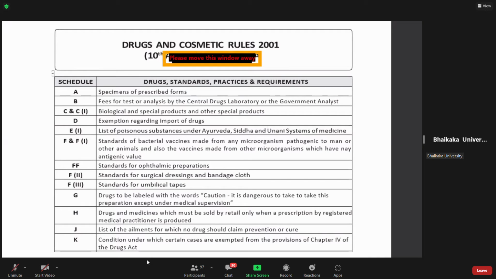Yes, in first example, we have discussed the route of administration, oral. And in second, the route of administration of drug was intravenous. So you have to keep in mind by which route the drug is going to be administered in the patient.